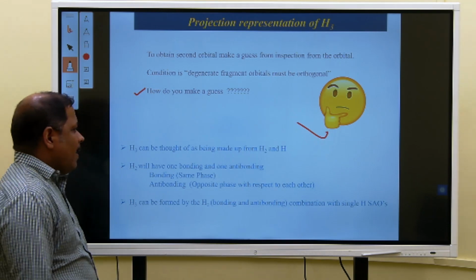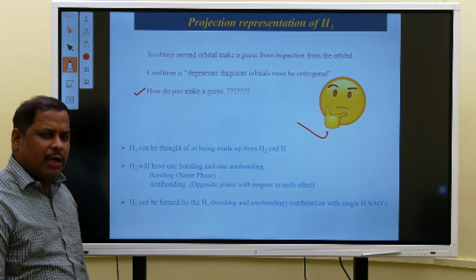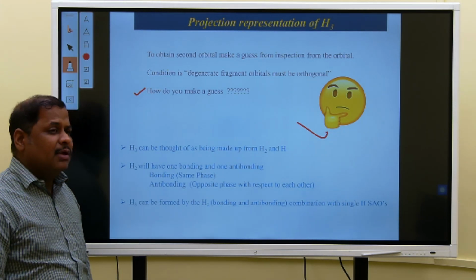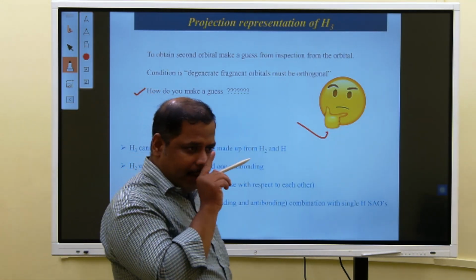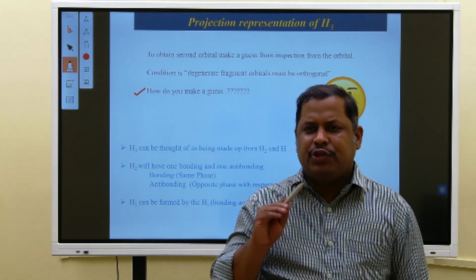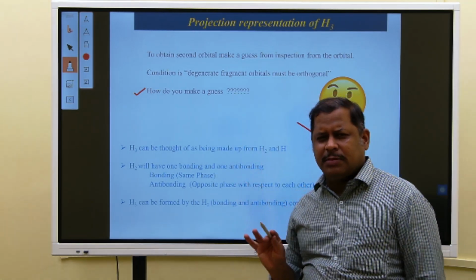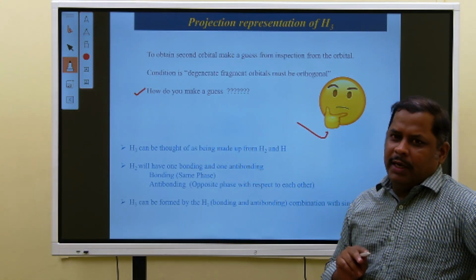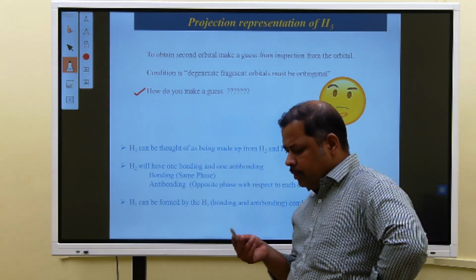Now, this is about the group theory. We will come back to how we are going to calculate the second equation, but think about it. H3, if I ask for S3 only, then H3 can be made up of H2 plus H, right? Now, just think about it, it's a depiction. H2 can be formed if two orbitals are mixed, two orbitals are going to result.